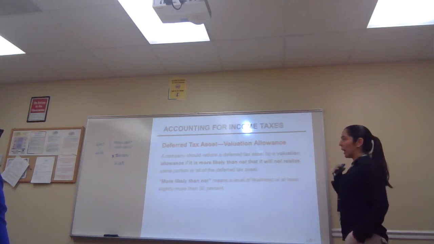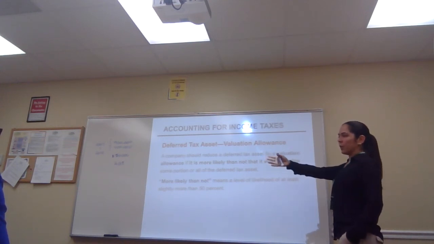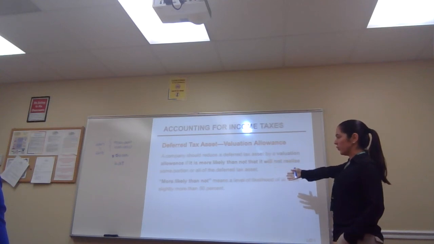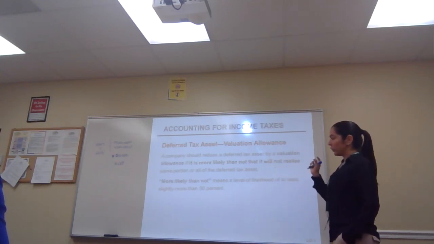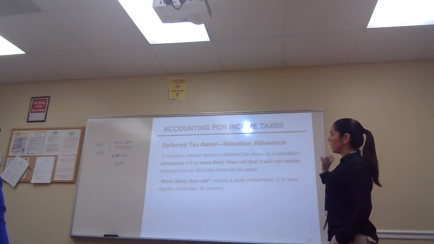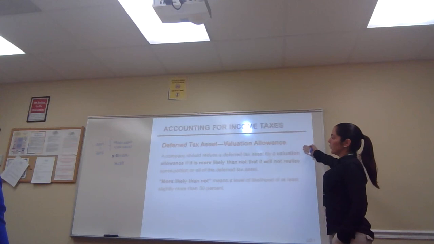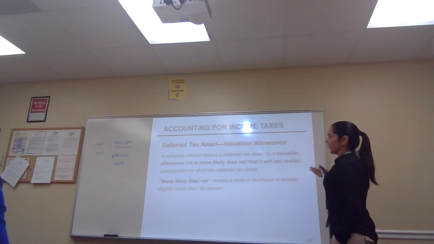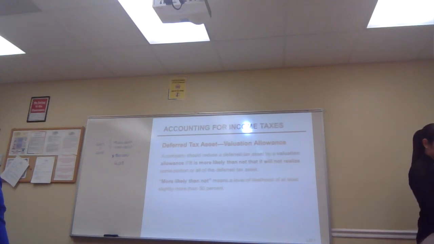So companies can look out at those future years and say, yeah, that's great that we calculated these amounts as a benefit for us in the future, but there's probably more than a 50% chance that we're never going to get that benefit. And they will come up with these estimations that are called valuation allowances to offset that deferred tax asset. It helps a financial statement reader really understand the financial statements when they know that they're really never going to get that benefit.